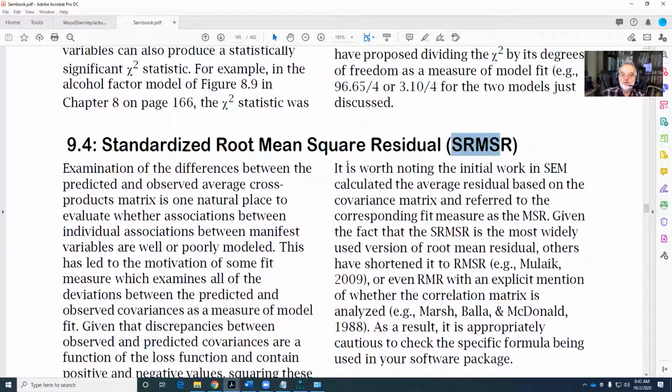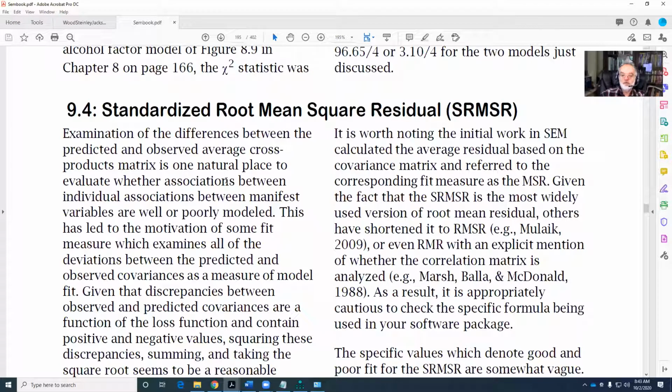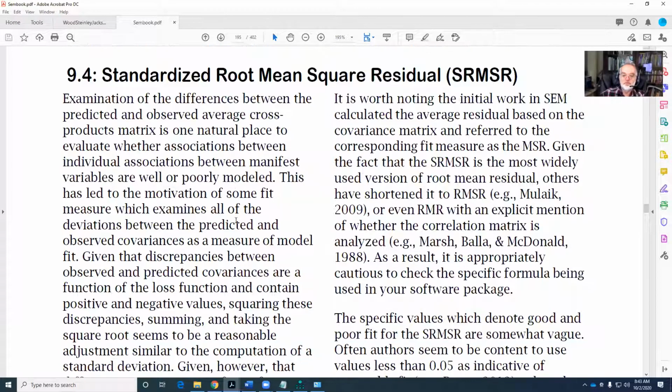I'm going to calculate the residuals, the difference between the observed and expected variance covariance matrix. I'm going to square them. I'm going to take the average of them, and I'm going to take the square root of that. And we'll employ a little standardization to take into account the fact that I'm dealing with a variance covariance matrix.